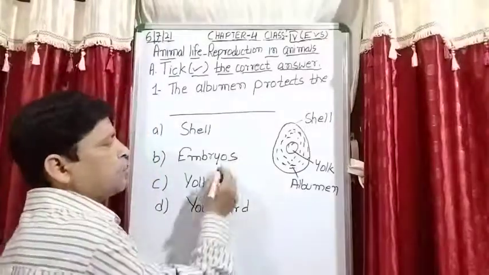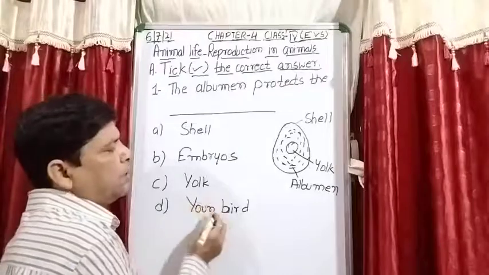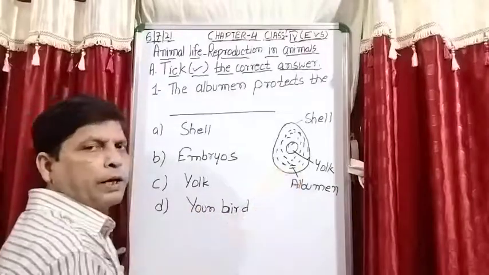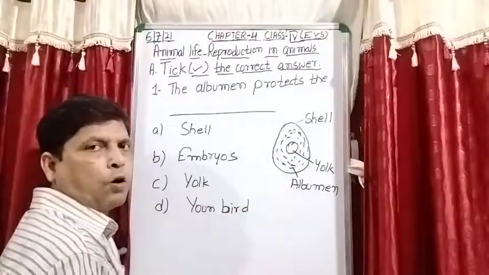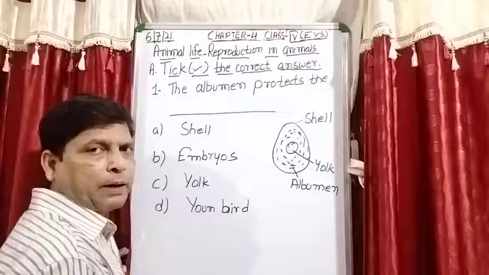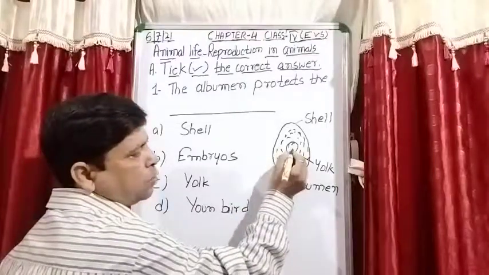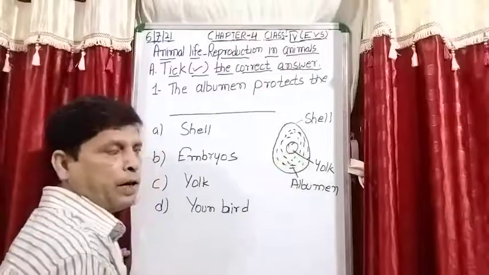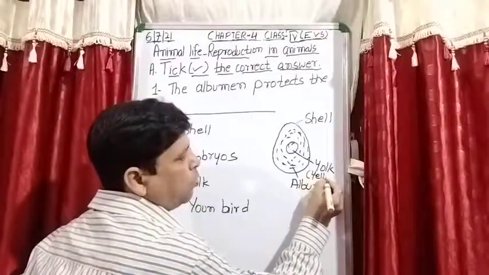Embryos is also not the right answer. Then yolk, this is also not the right answer because this is the food of the young one, and it is rich in fat, vitamins and minerals. So what is this? This yolk portion is yellow in color.